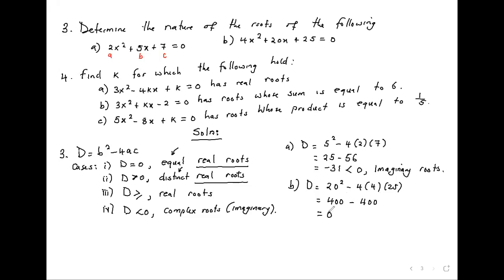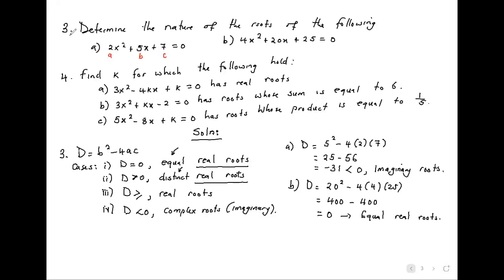So we get 0. So when we have 0, then we say we get equal real roots. That was question 3. That one is a bit simple. Let's go to question 4.